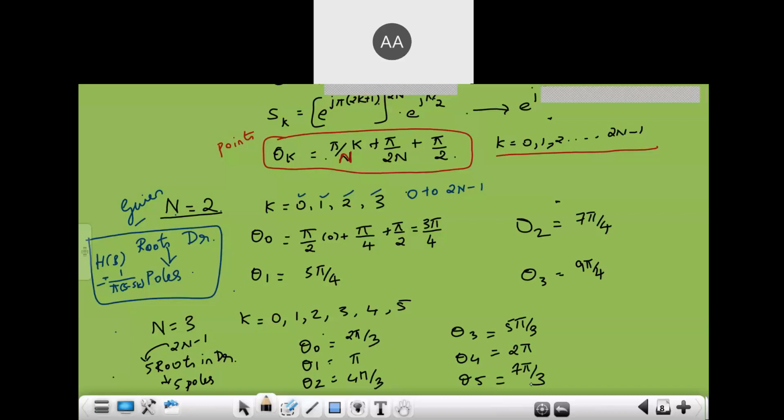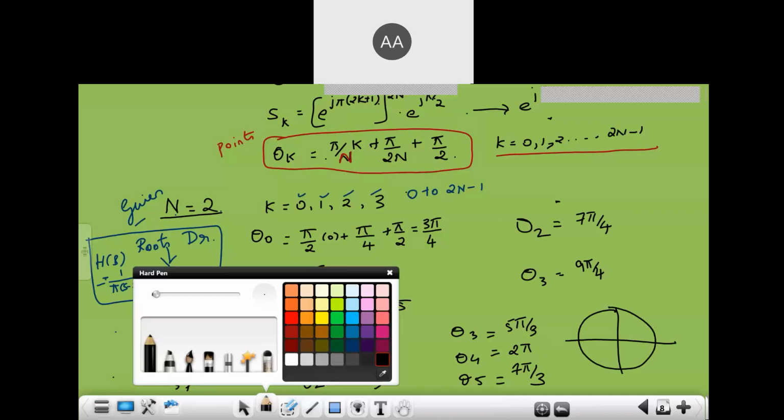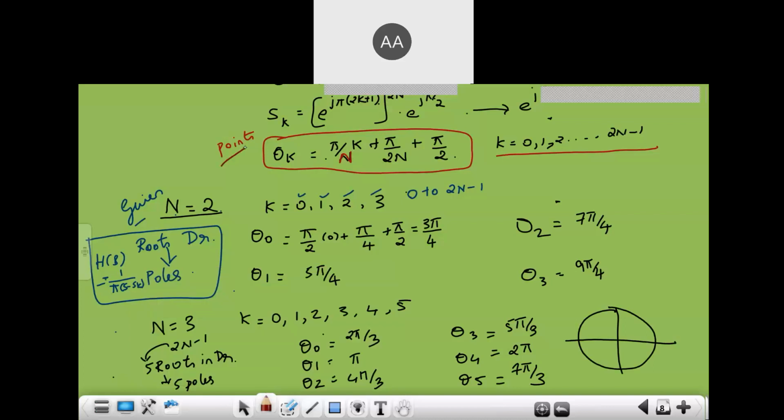So physically, if I have to plot the poles, I will write it like this. The poles of the equation S naught, S1. If I have theta k value, it means that I am able to find sk, the denominator roots.